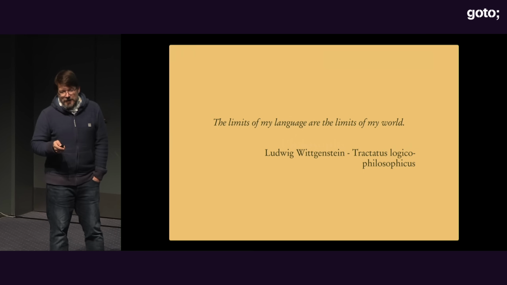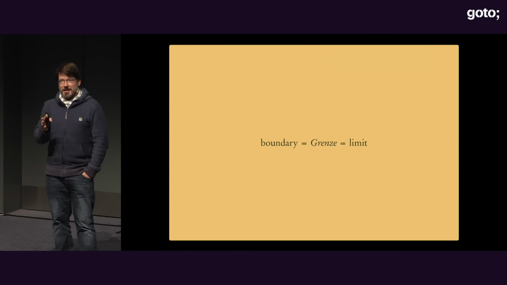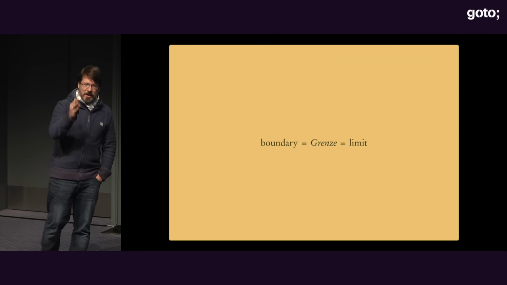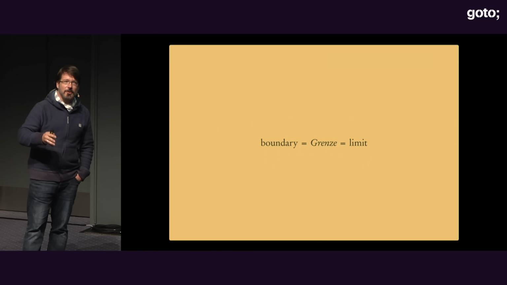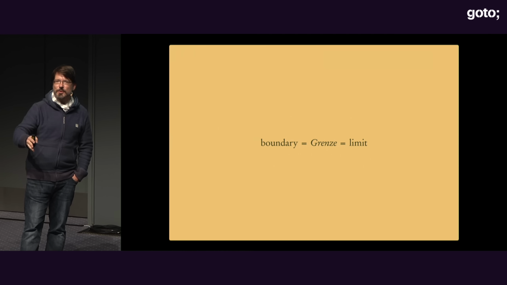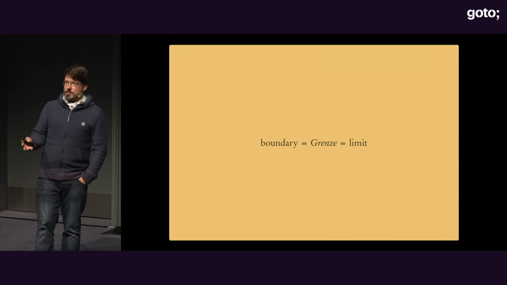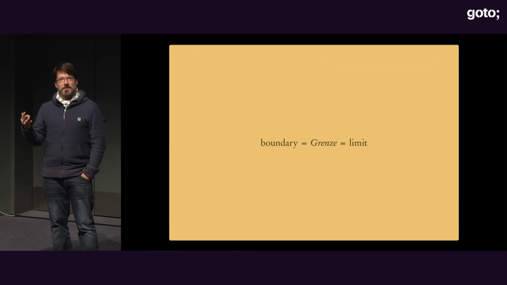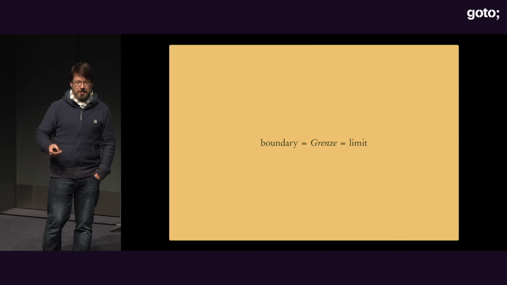So with Wittgenstein, or first a tiny German lesson for you today, boundary translates to the German word Grenze. And Grenze also translates to the English word limit, which is kind of unusual if you just look at the sheer numbers of words in the dictionary of both languages, in the official dictionaries.